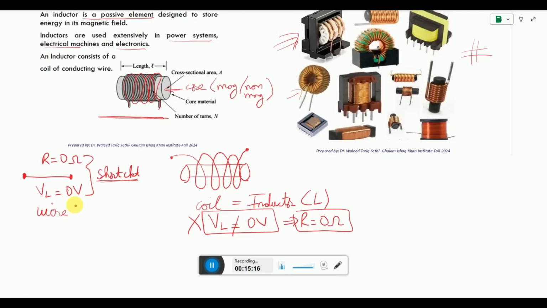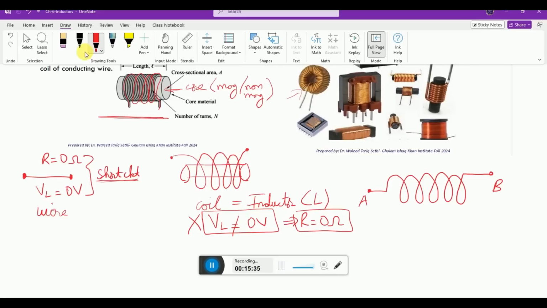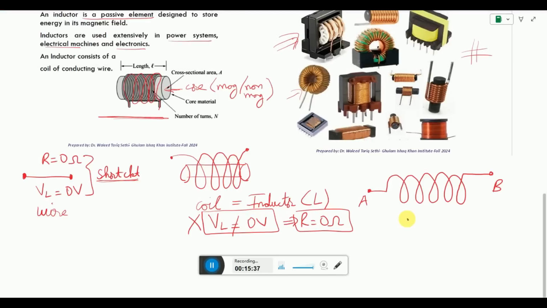So consider it in such a way that if I have this coil which is made up of a conducting material, and the principle is called self-inductance. Let's say this is terminal A and this is terminal B. Now what is happening? Let me use a different color. Let us say the current is moving inside this wire.